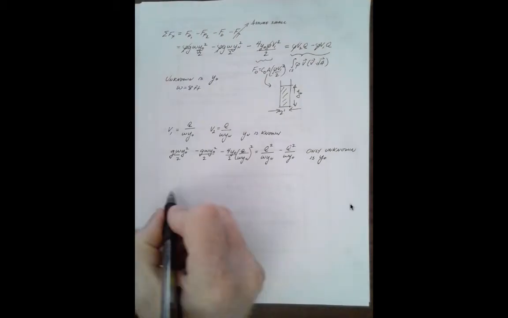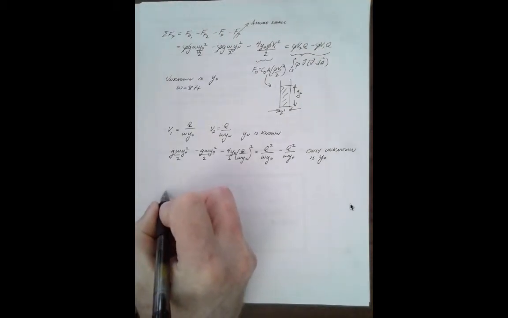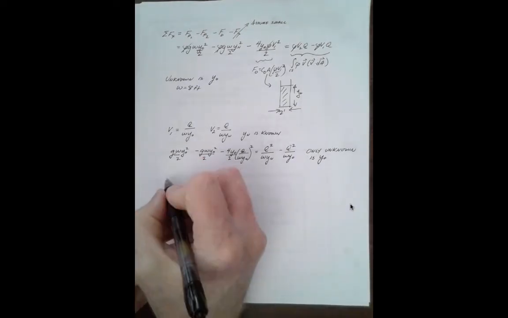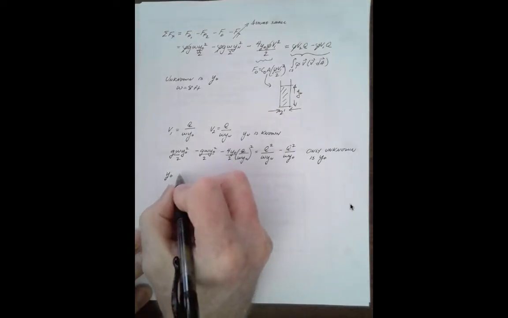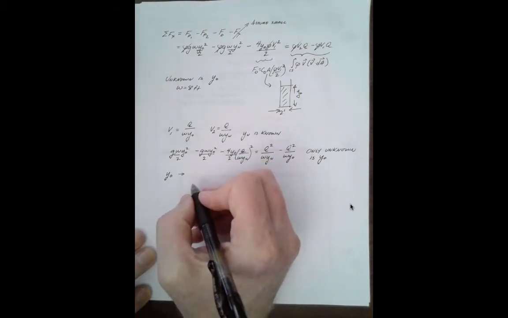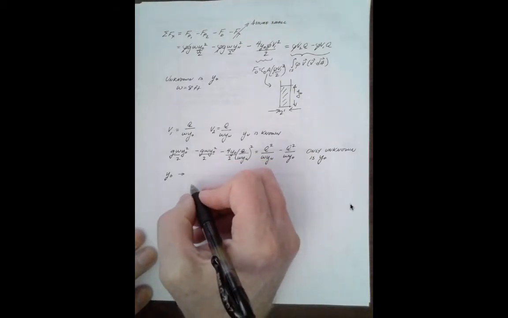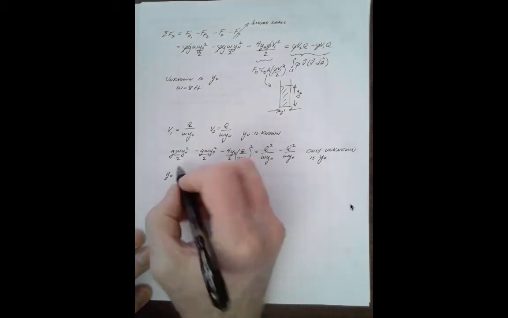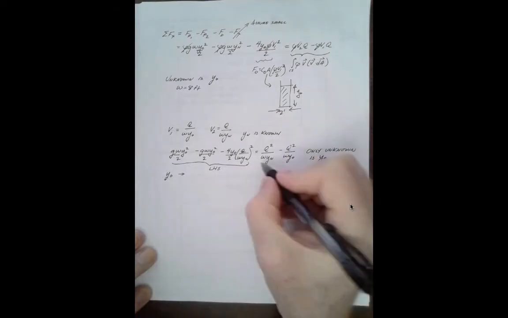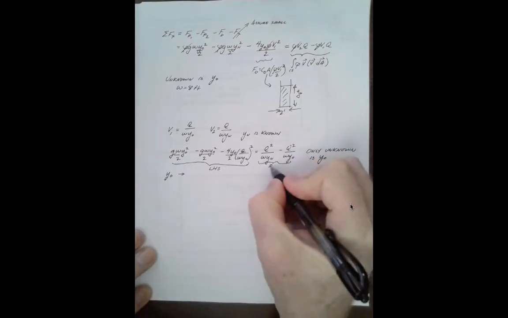Probably the easiest thing now is to just make a table. So we'll guess a value for y0. From that, we'll compute the various pieces of the equation. Basically, we'll compute the left-hand side based on y0, the right-hand side.